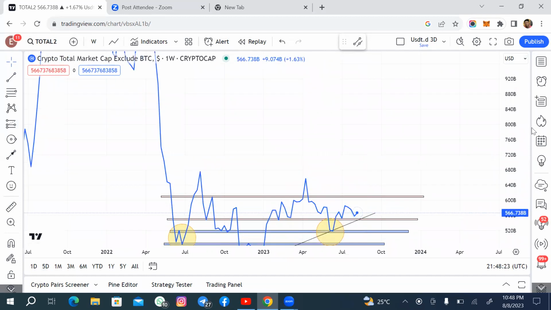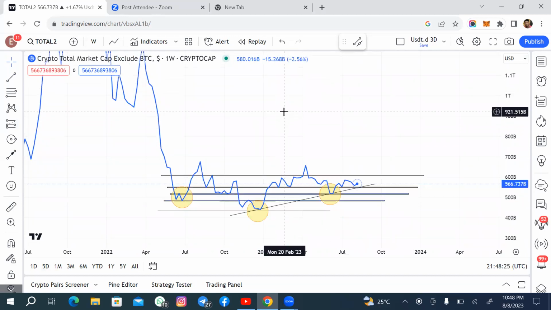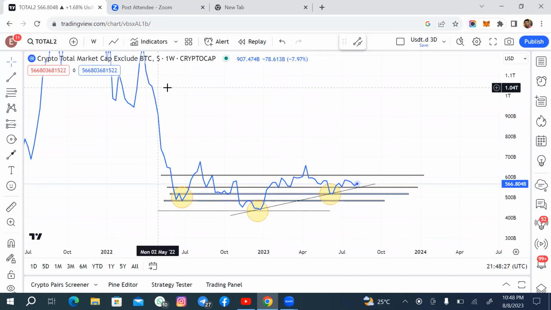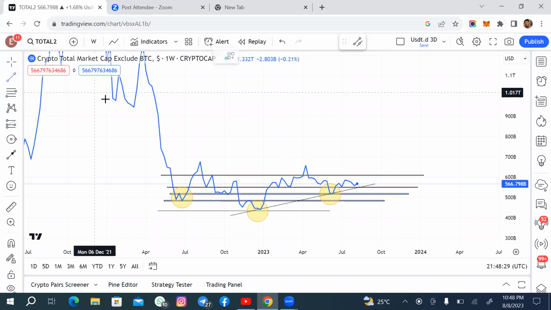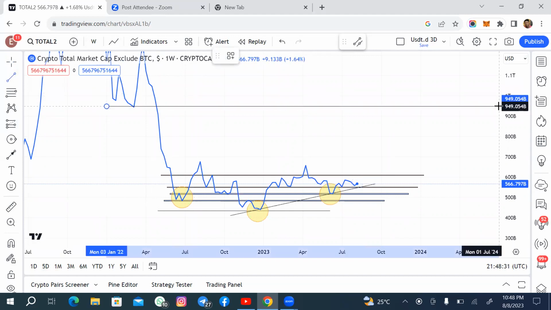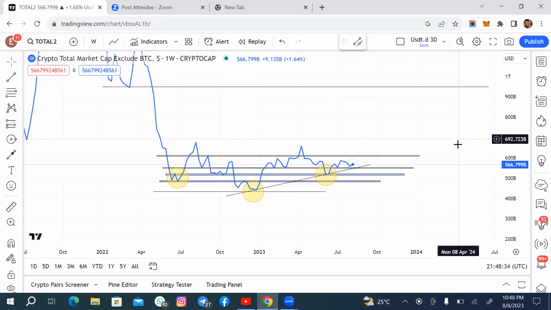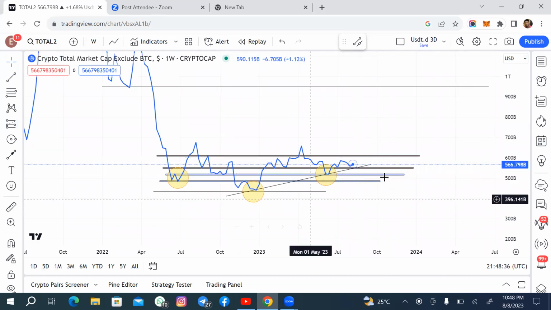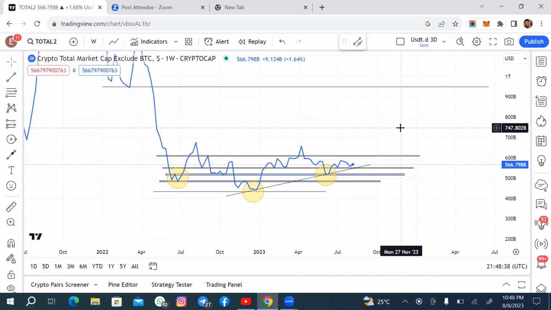Now, imagine we plunge towards the upside and it gets to 972, which is at this level, in the coming weeks or months. So now is the right time to accumulate as many coins as you can, coins that are at the bottom.